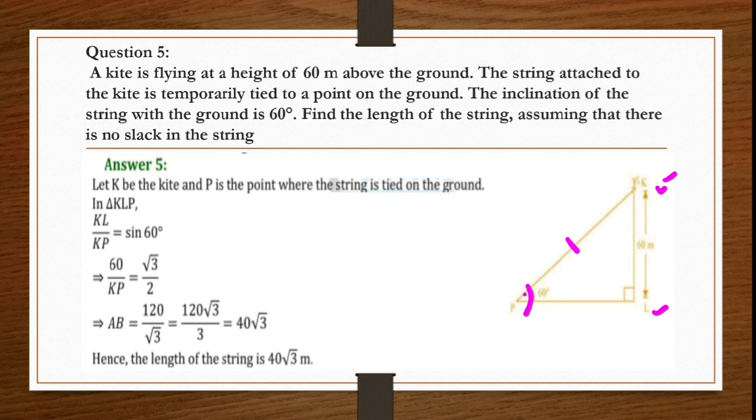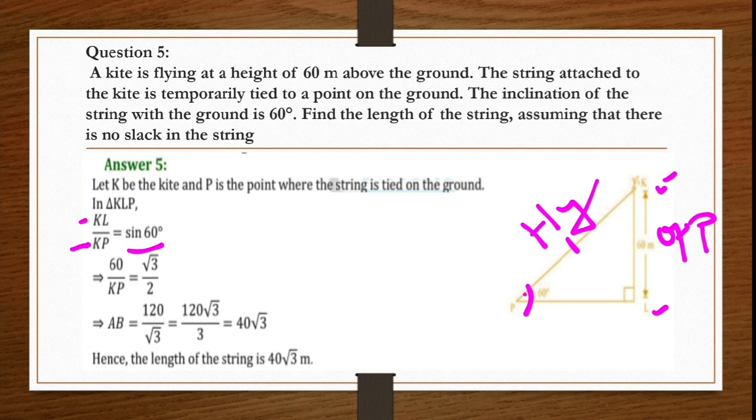If you consider this 60 degrees as the acute angle, this is the opposite side, which is given as 60 meters, and you have to find the hypotenuse. So again, which trigonometric ratio involves opposite and hypotenuse? It will be sin theta. So sin 60 degrees is equal to KL by KP.